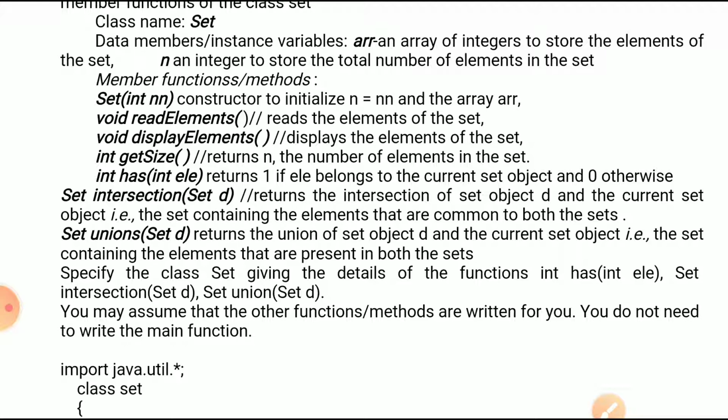It will compare both arrays, of the current object and the object D, find the common elements of both arrays, store them in a third object and return it. The next function is union, which also receives an object, finds the union of the current object and the object D, and returns it.